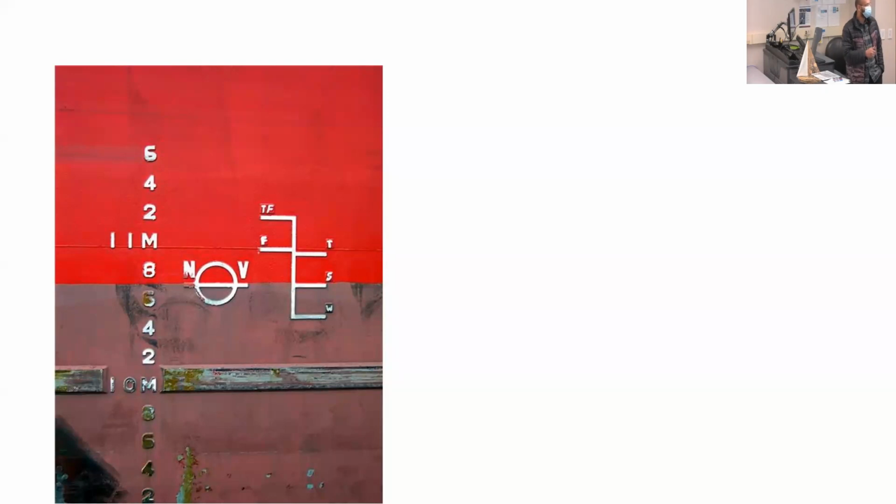So anytime you've looked at the side of the hull of a huge ship, you've probably seen markings like this. And they're actually useful to determine what level you should load your ship to.